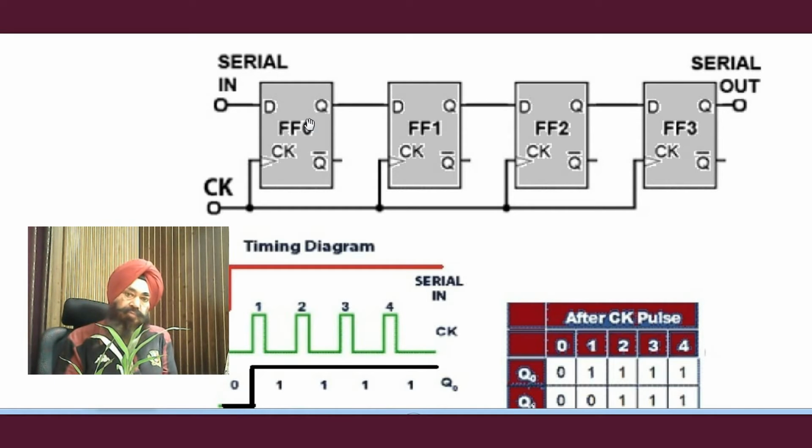The output of the first flip-flop is the input of the second, and so on. And we are using only D flip-flops. A clock pulse is applied here and it is activated simultaneously to all the flip-flops. Okay.